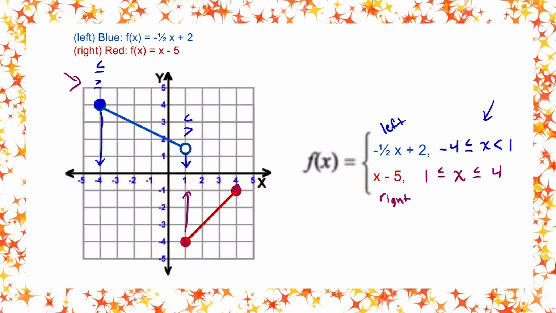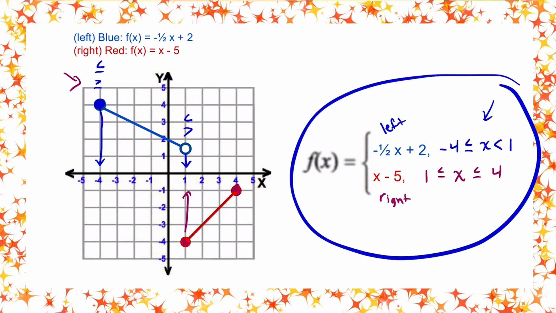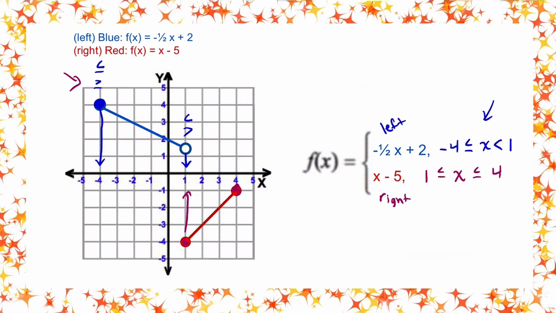So this whole thing here, it looks kind of like a mess, but if you think about it, it makes sense. The top one, I'm talking about my blue function, the one on the left, and the bottom is my red function, the one on the right. It's just kind of mushed together. So whenever you see something like this, I'm going to use a different color.